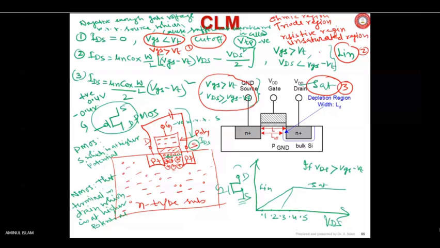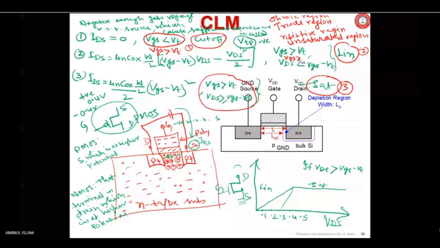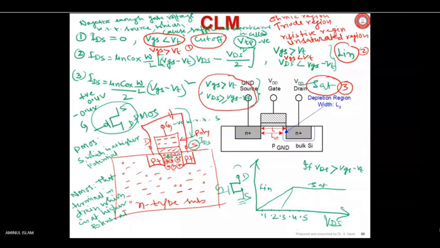In the case of the linear region, we write VGS less than VT and VDS greater than VGS minus VT. Remember that VT itself is a negative quantity. Here, in the case of saturation, you write VGS less than VT and VDS less than or equal to VGS minus VT. Yes or no? You just changed greater than to less than and so on.